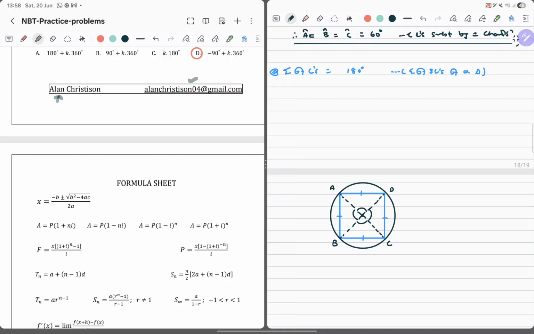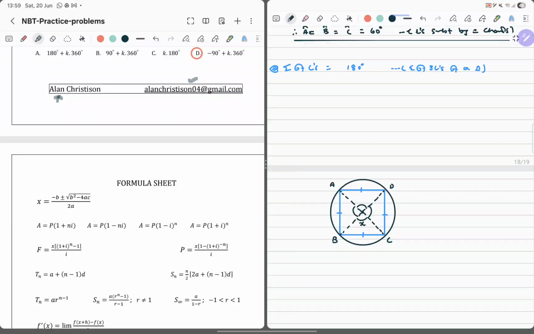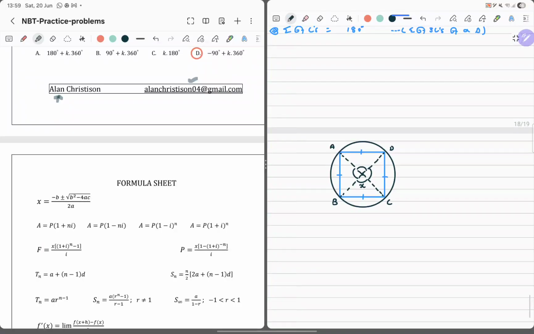So if we name one of these angles X, what are we going to end up with? We're going to get 4x is equal to 360 degrees. So that's a revolution.